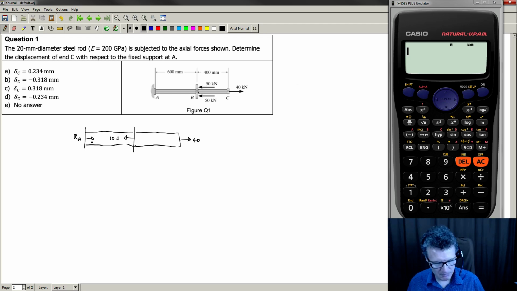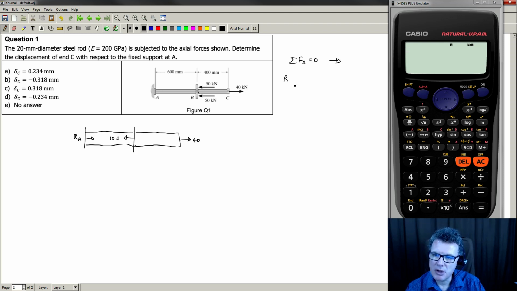Just to get you in the mode of template solving, when you're looking at this problem wondering what to do, you can always start off by resolving your forces here. We've got the RA, but as I said, we don't really need it. So we'll sum our forces in the x direction, going left to right.